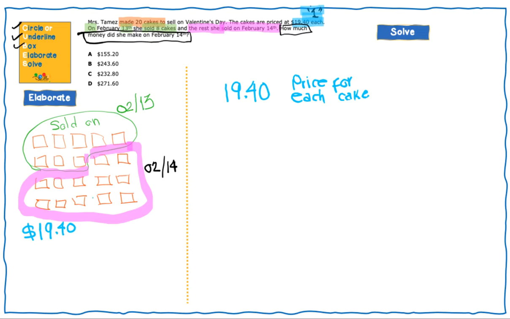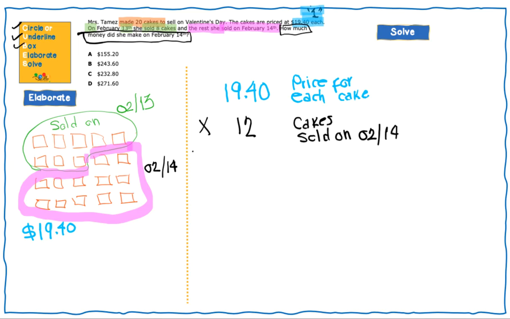So in this row we have 5, and in these rows we have 5 more, that makes 10, 11, and 12. Great, so we're gonna multiply that by 12. So this is gonna be times 12, and these 12 were the cakes sold on February 14.